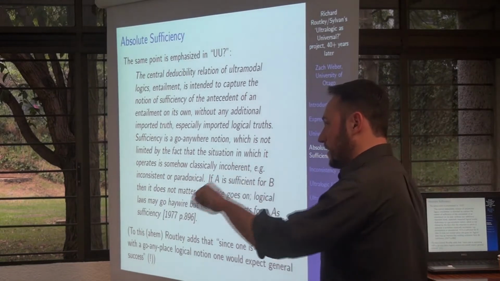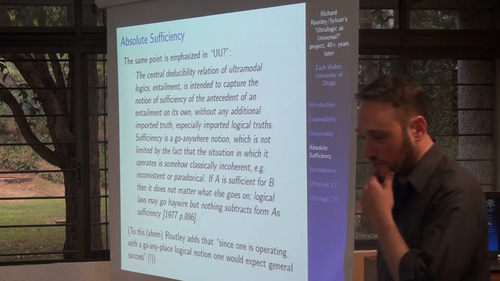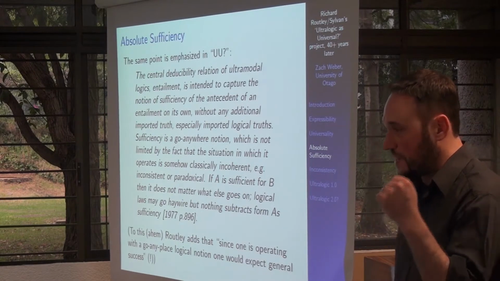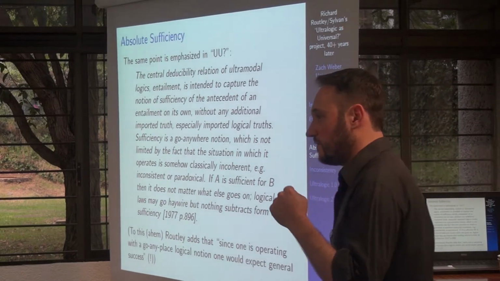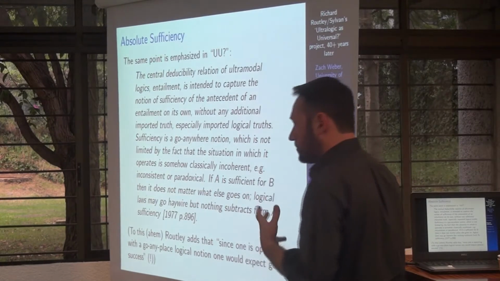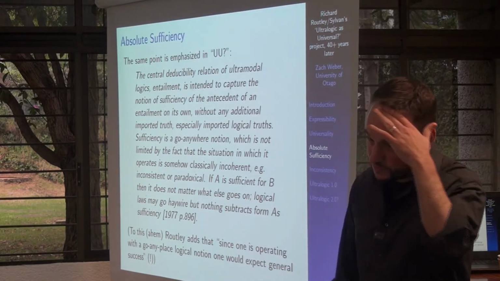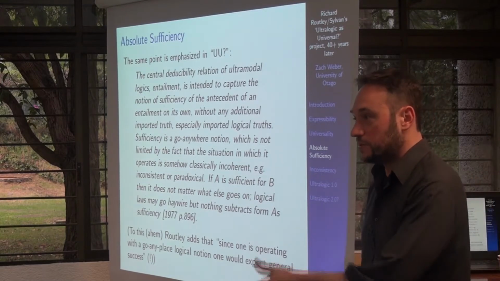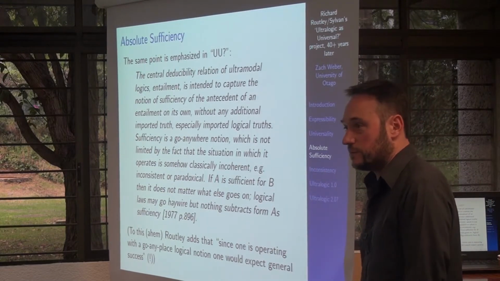That means if A implies B in this absolutely sufficient way, then A really gives you B, and A is all you need for B. If A were the only thing in the universe, you would still have B.